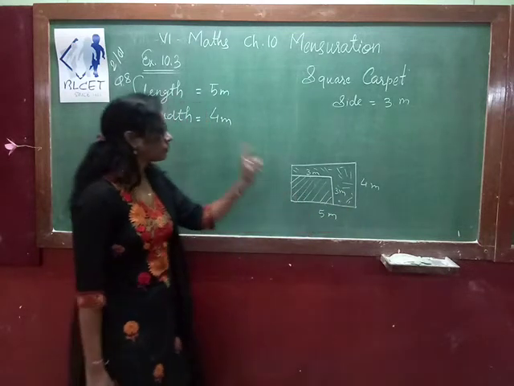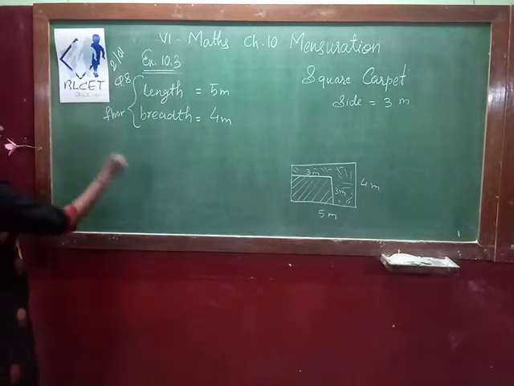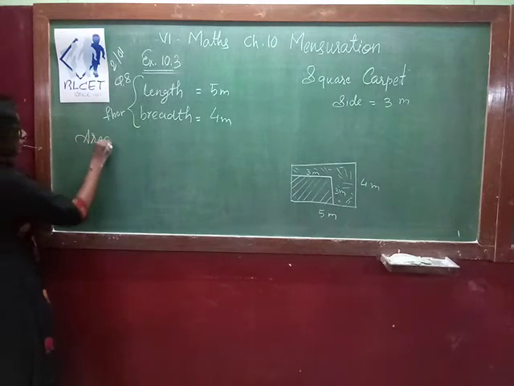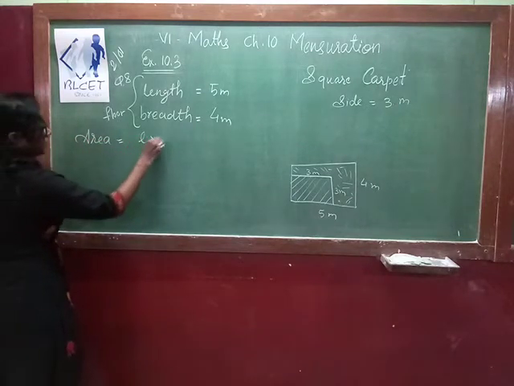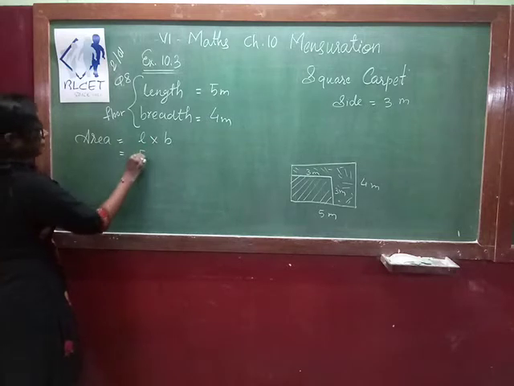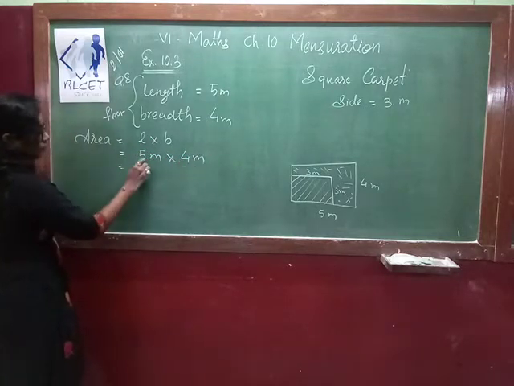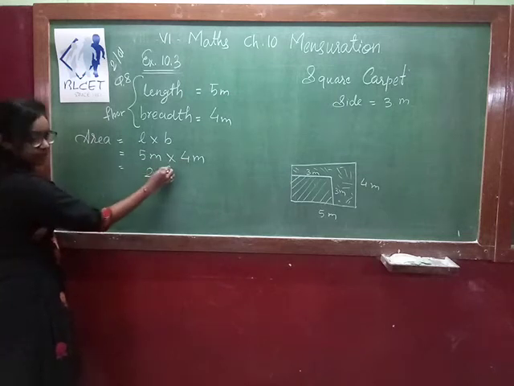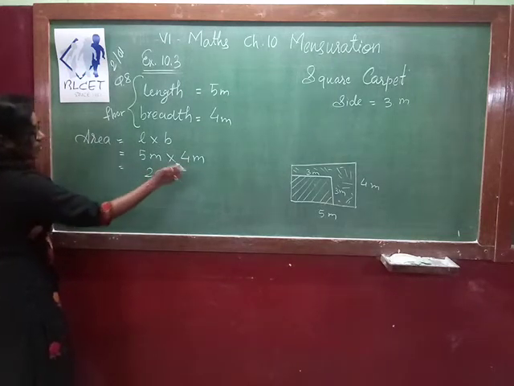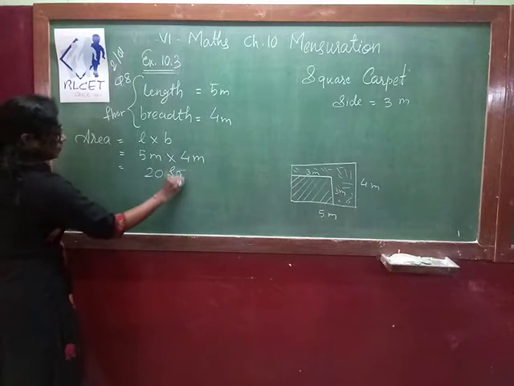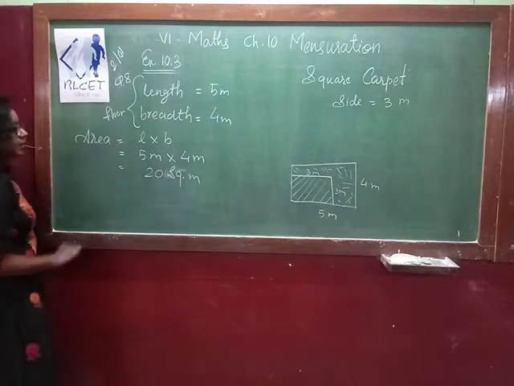So let's do it. First find the area of the floor. So area is equal to length into breadth, which is equal to 5 meter into 4 meter, which is equal to 20 square meter. So this is the area of the floor.